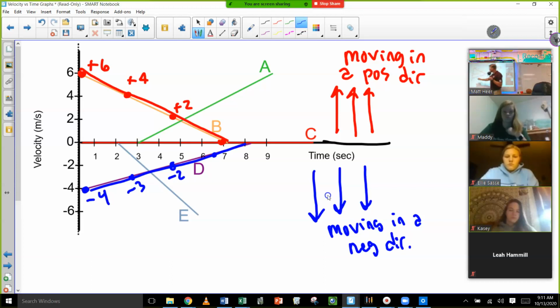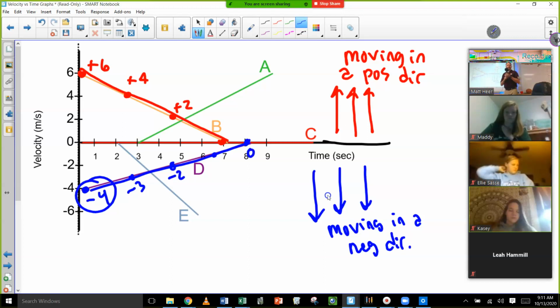I start out really, really fast, and I end up stopped. But I'm always moving in a negative direction. Letter E. Is letter E moving in a positive direction or a negative direction? Negative. Yes, because it's below that axis.